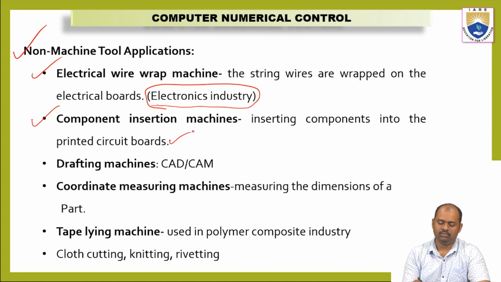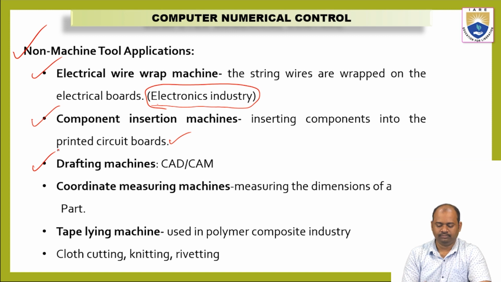A circuit board can be any TV circuit board or anything. Different components like a capacitor can be inserted easily into this printed circuit board with the help of a CNC machine. So this is mostly used in the electronics industry.